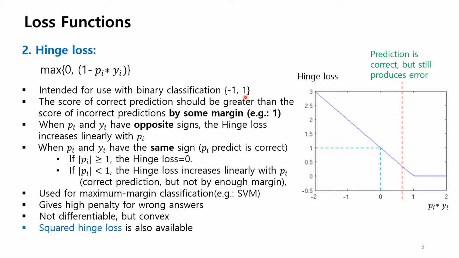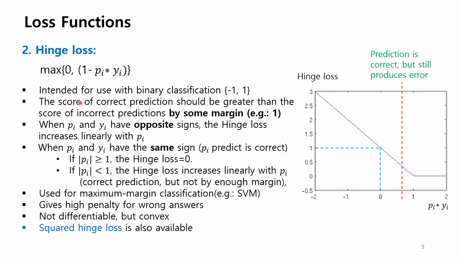And also, if your class values are 0 and 1, you have to change the 0 to -1. So the class values should be 1 and -1. The basic idea of hinge loss is the following.